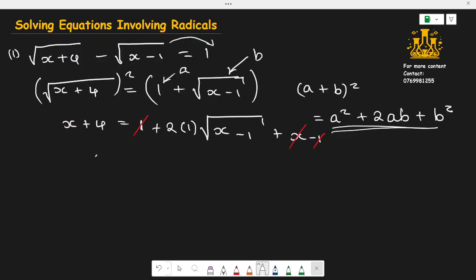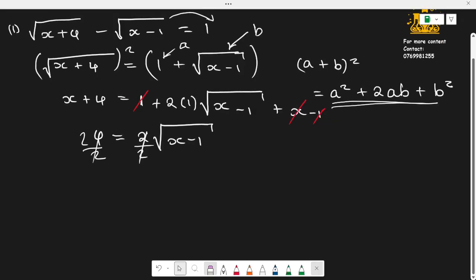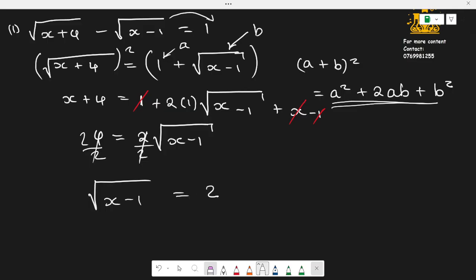What will remain on this side is 4, and this 4 is going to be equal to 2 times the square root of x minus 1. We can divide both sides by 2 so that we can cancel out the 2 and remain with the 2 on this side. So we can say the square root of x minus 1 is equal to 2. Again, we need to get rid of the square root.